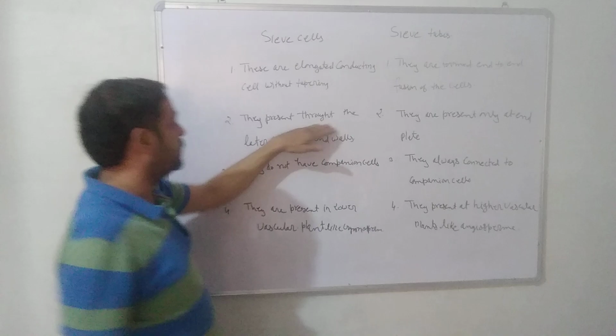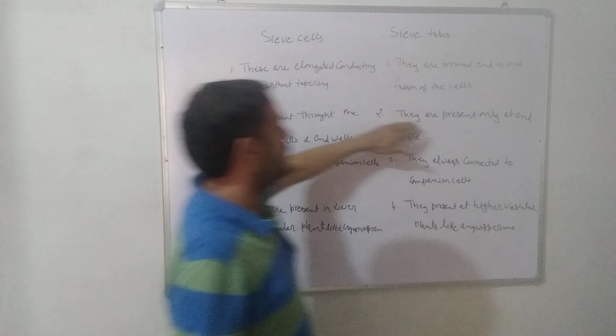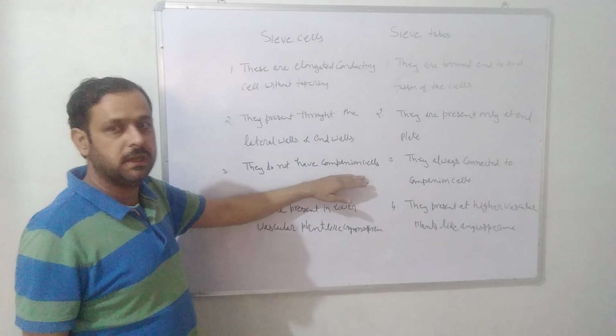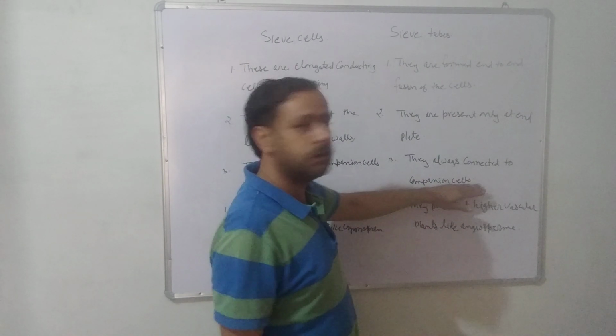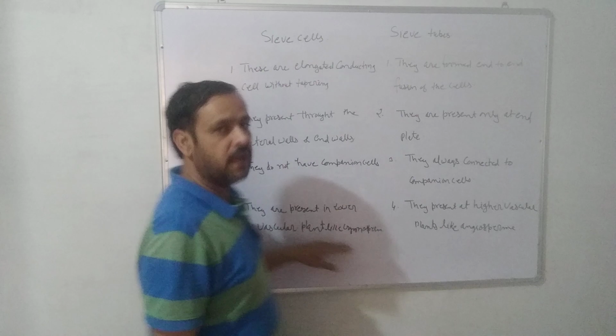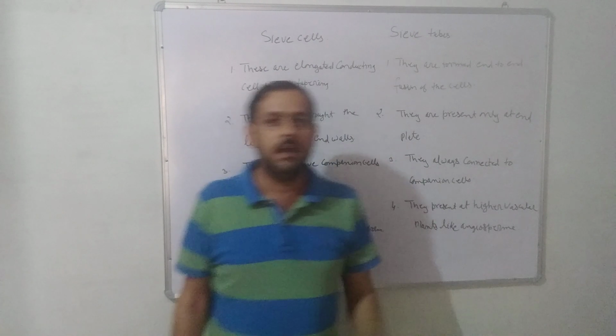Next, in sieve cells pores are present throughout the lateral walls and end walls, while in sieve tubes they are present only at the end plate. Sieve cells do not have companion cells, while sieve tubes are always connected to companion cells. Sieve cells are present in lower vascular plants like gymnosperms, while sieve tubes are present in higher vascular plants like angiosperms.